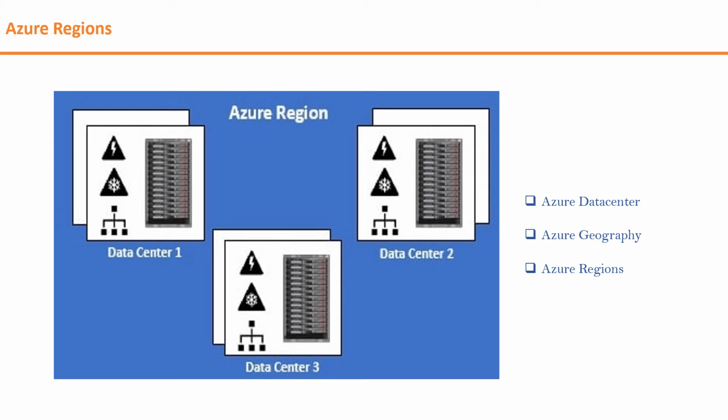Regions could be made up of just one data center or multiple data centers. The point is, an Azure region is a group of one or more Azure data centers. Azure has 60 regions worldwide, and you have the flexibility to deploy your application and data to any Azure region you want. You can even deploy across multiple regions to deliver cross-region resiliency.